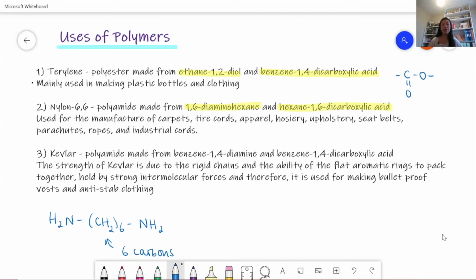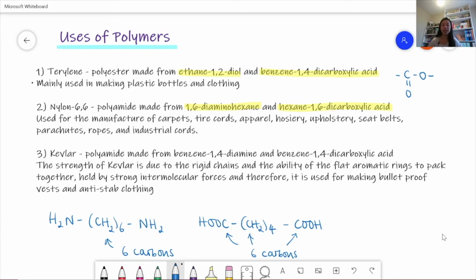And then for hexane 1,6-dicarboxylic acid, we have HOC, a carboxylic acid group, then CH2 four times, and then another carboxylic acid group. So in total we have 4 here, 1 there, 4 here, and 1 here, so we have another 6 carbons, and that's why it's called nylon 6,6.